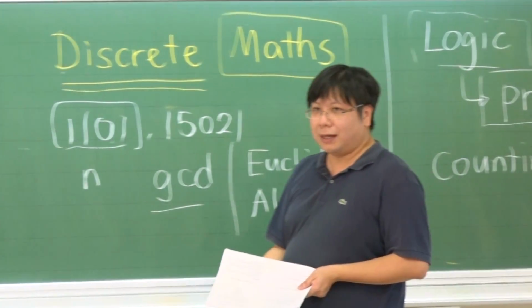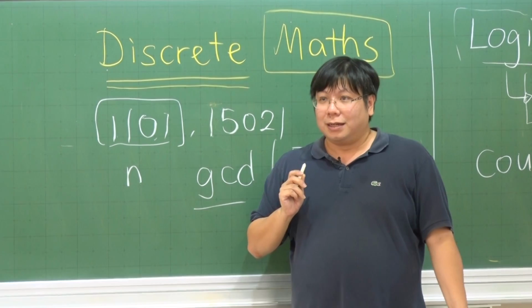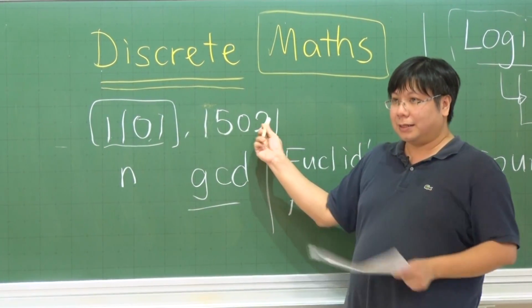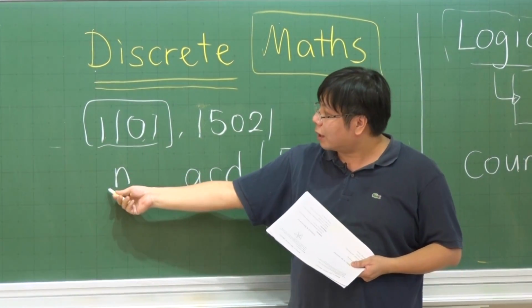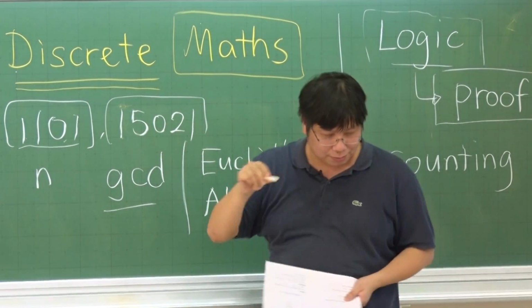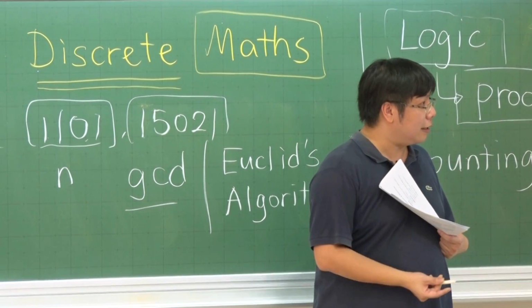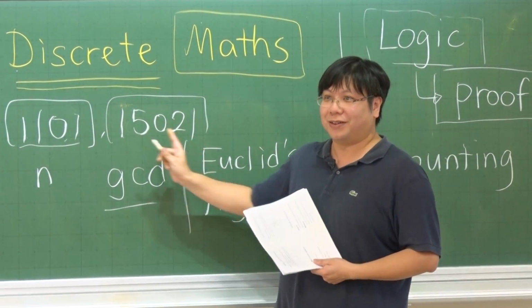Maybe you say, I don't need to check up to n, because if there is some divisor that divides both, there must always be one that is smaller. No, let me see. Yeah, it's not true. So in the worst case, n time, maybe square root of n.